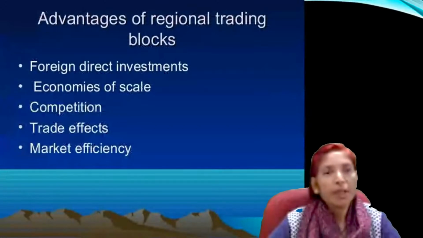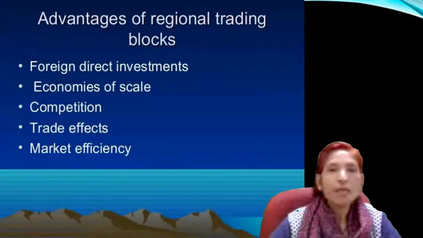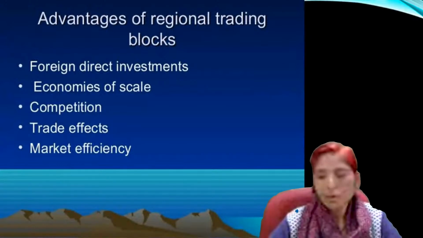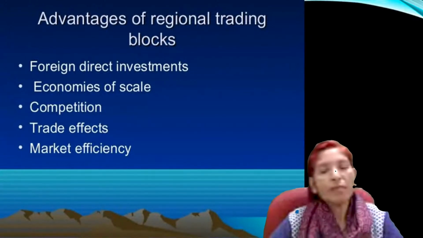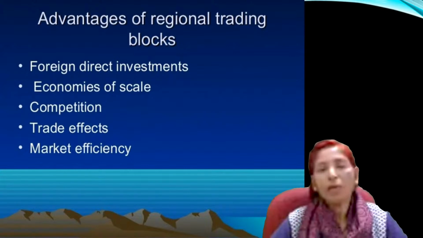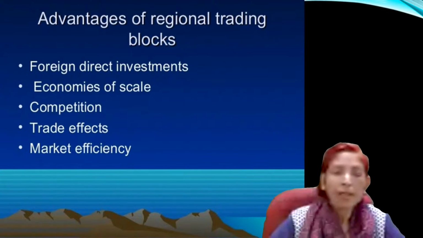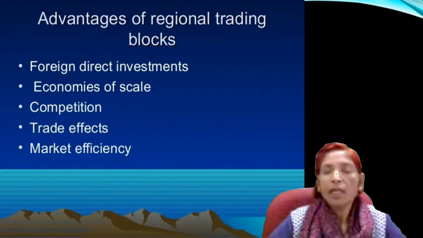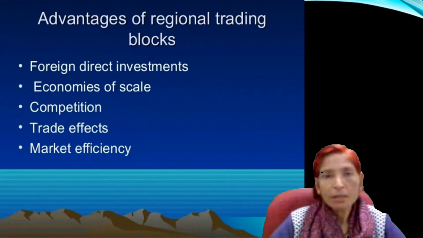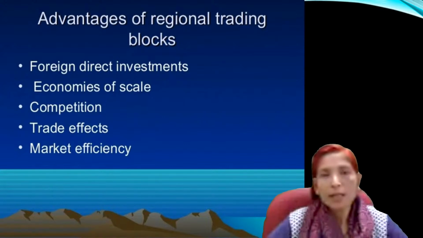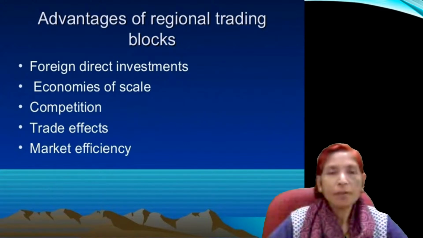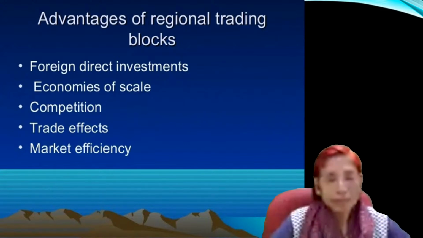Next is, what are the main advantages of regional trading blocks? The main advantages of regional trading blocks are: number one is FDI, foreign direct investment. FDI can be increased and multinational corporations can expand their business enterprises in different parts of the world, different countries of the world.